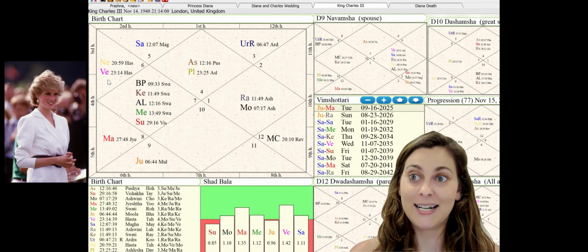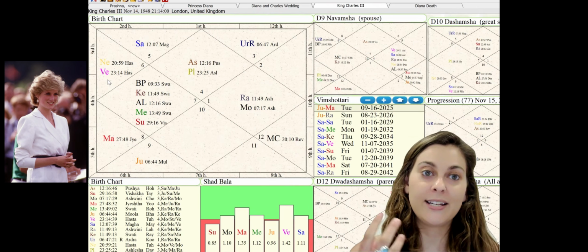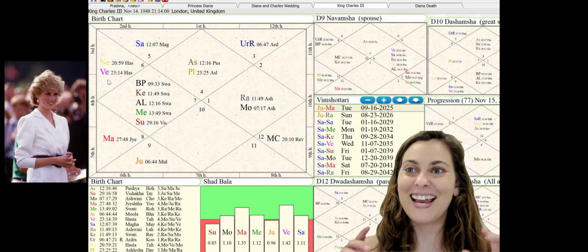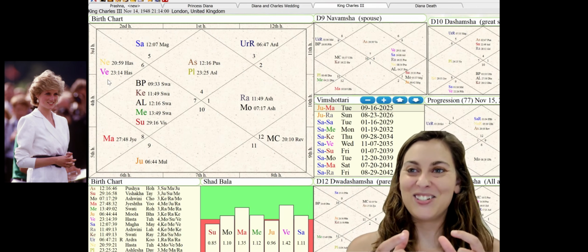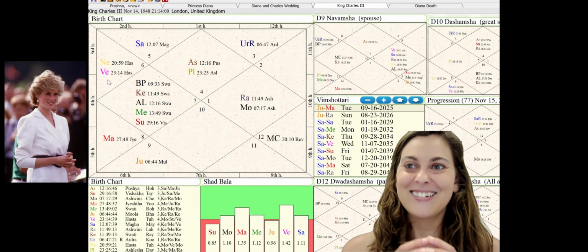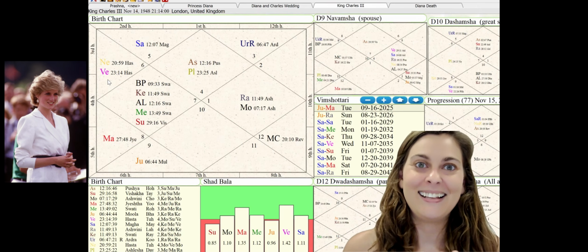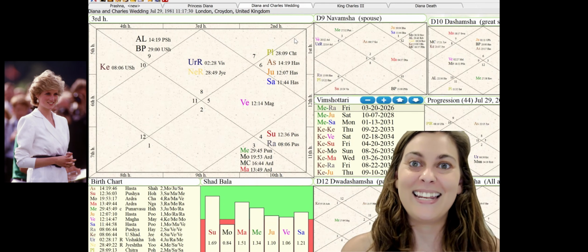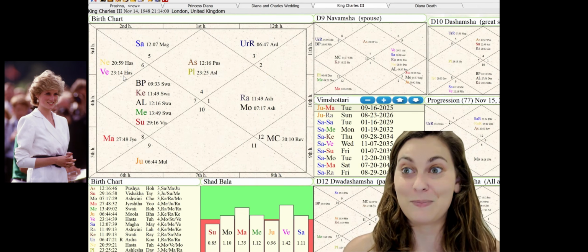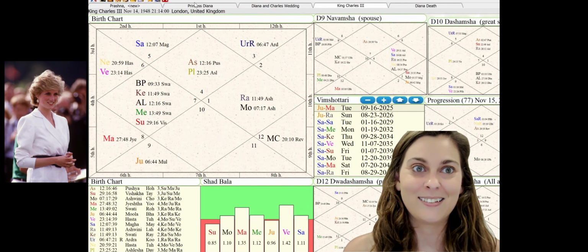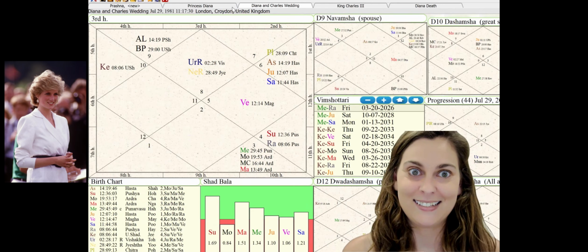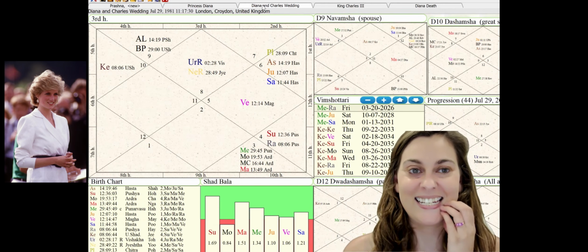Saturn is heavy karma. Jupiter is more blessings. But again, right? She has Saturn and Jupiter conjunct in her natal chart. And when they got married, they were transiting in the same sign, in the same nakshatra, hitting his relationship planet. Fascinating. Very fascinating.